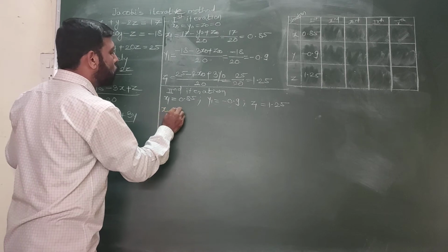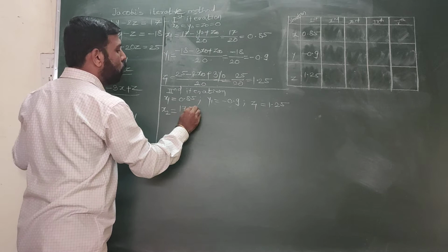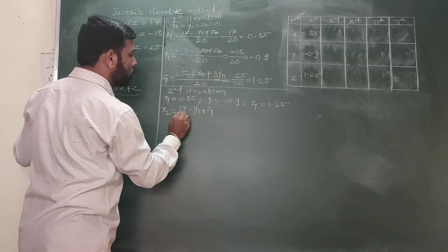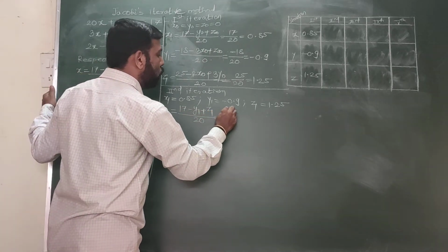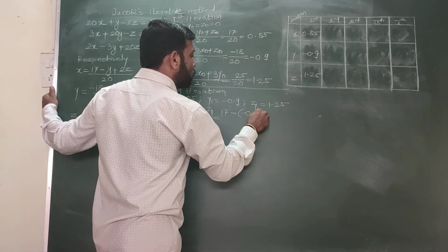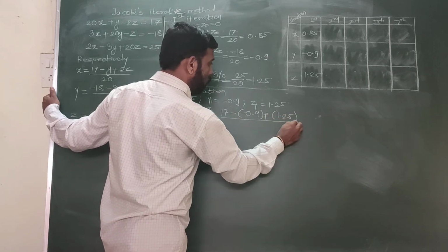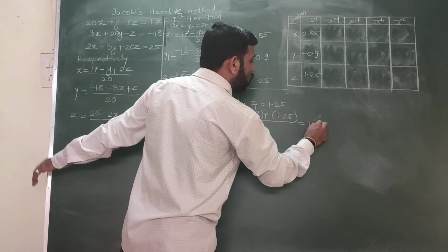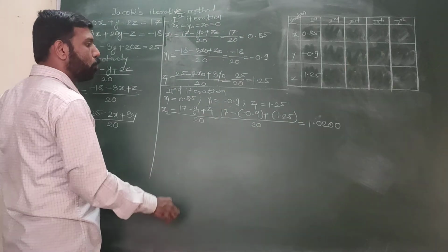First, x2: we have the x formula, in that we only have to change to y1, z1 upon 20. I will write 17 minus y1 plus 2z1, whole divided by 20, and calculating this on the calculator, the output is 1.02.